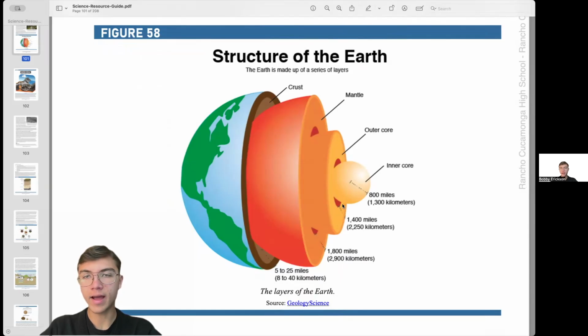Then we have 1,400 miles or 2,250 kilometers, and then 1,800 miles, which is 2,900 kilometers. And then the crust is the smallest by far, with 5 to 25 miles or 8 to 40 kilometers.